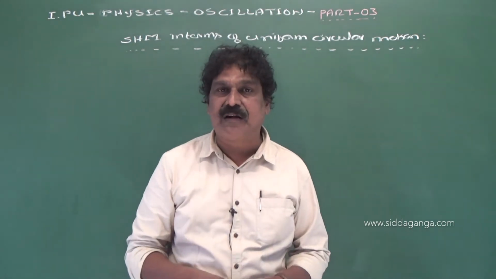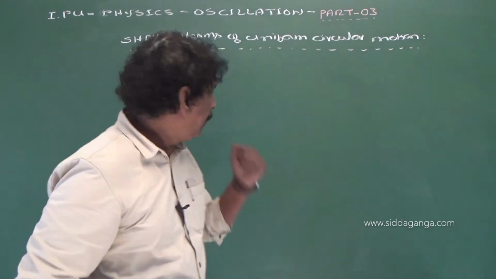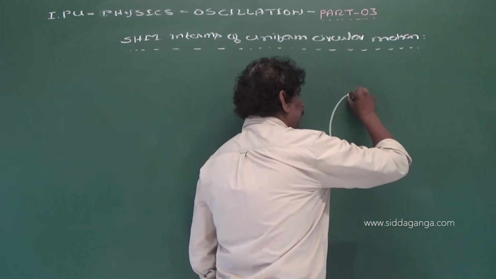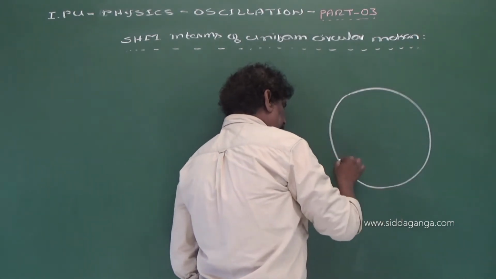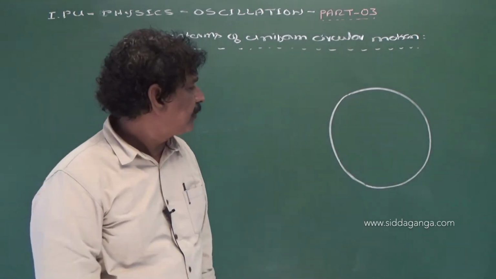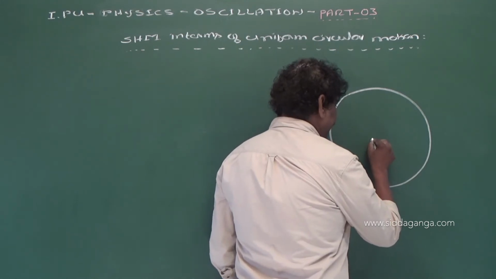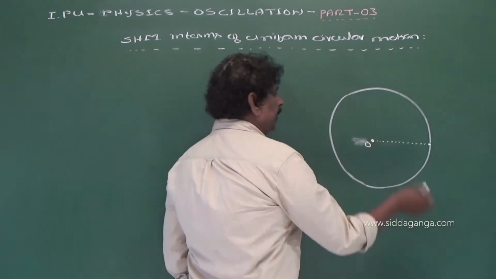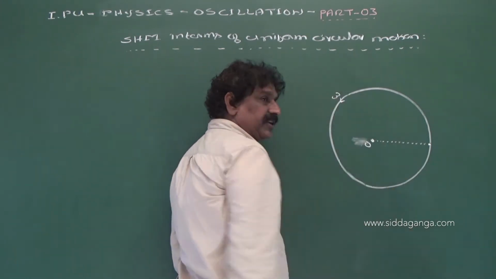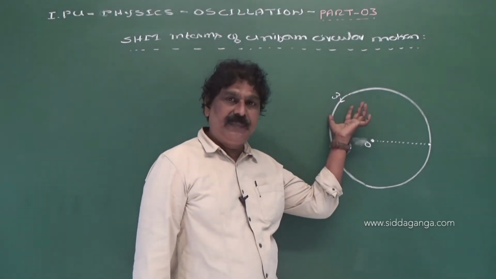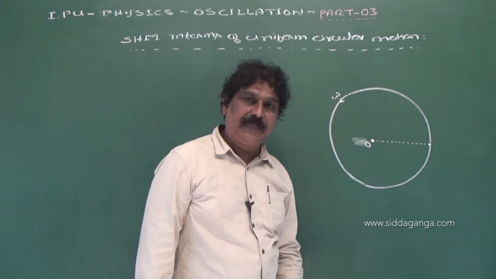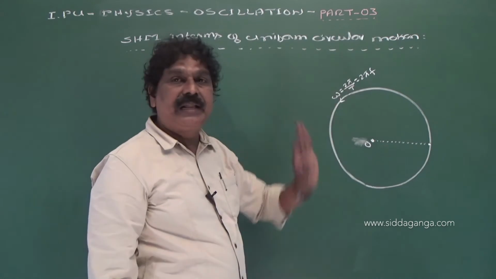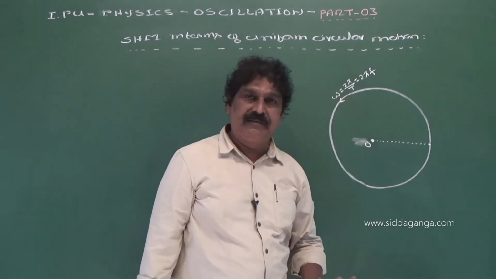Now, let us consider a particle moving along a circular path with center O. It is moving in the anti-clockwise direction with a constant angular velocity omega, that is equal to 2 pi by T, which is equal to 2 pi f, where capital T is the time period and f is the frequency.